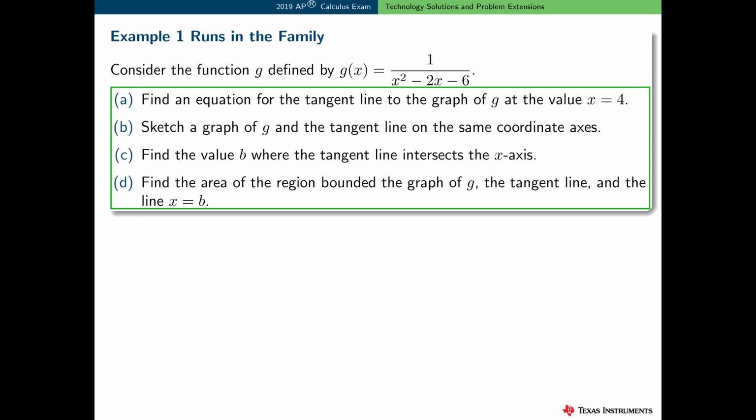In Part C, find the value of b where the tangent line found in Part A intersects the x-axis. And finally, find the area of the region bounded by the graph of g, the tangent line found in Part A, and the line x equals b. Hey, that's a cool problem.